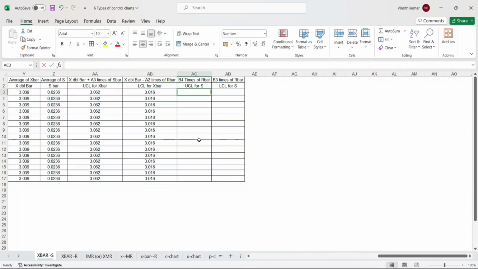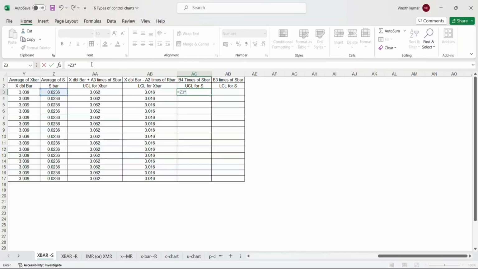So the formula is, this is my R bar. Just a minute, let me change the formula. It's not R bar, it's actually S bar because we are drawing the standard deviation chart. Just a minute. Right. So here I have my S bar.